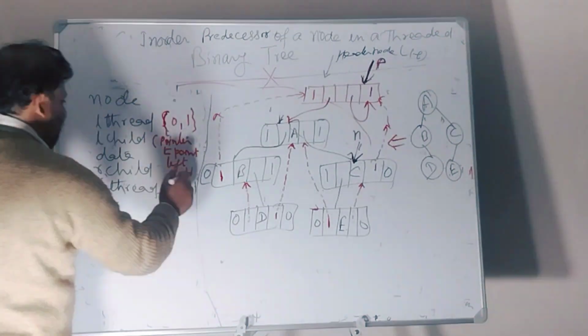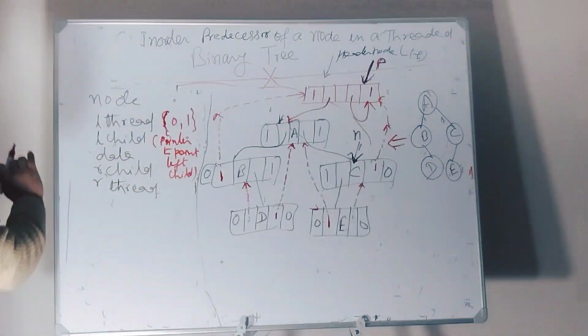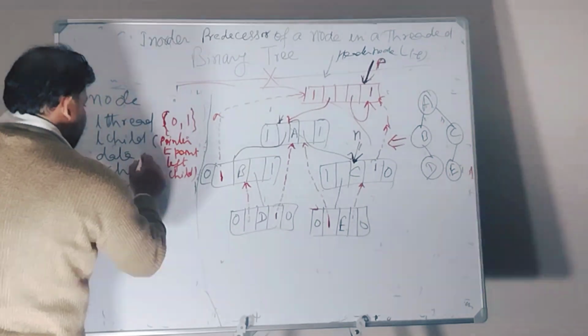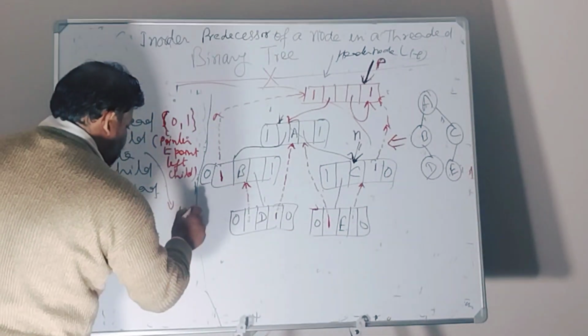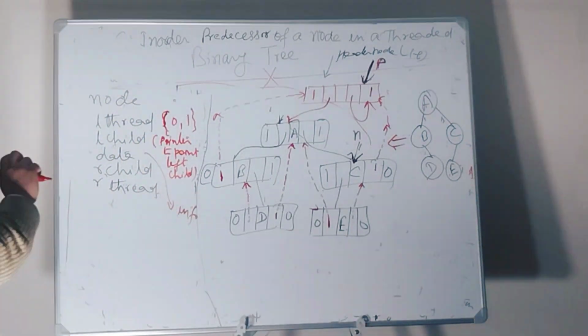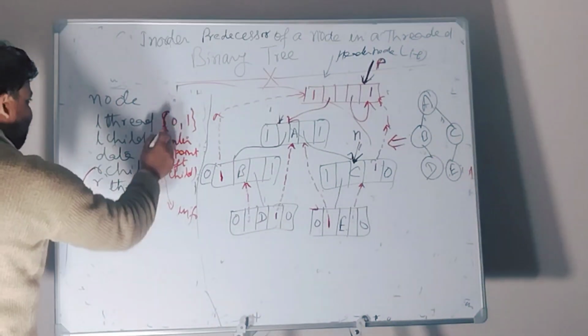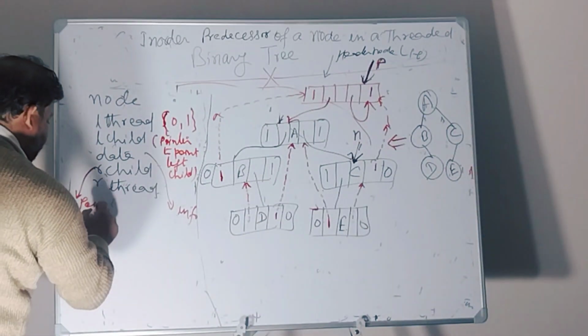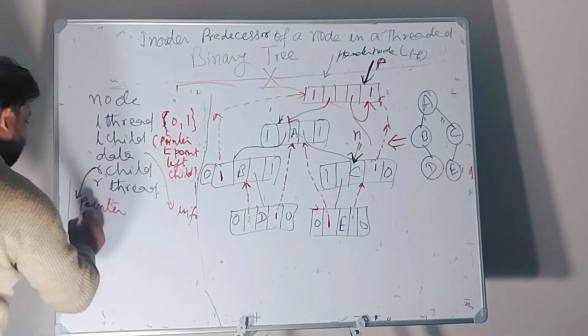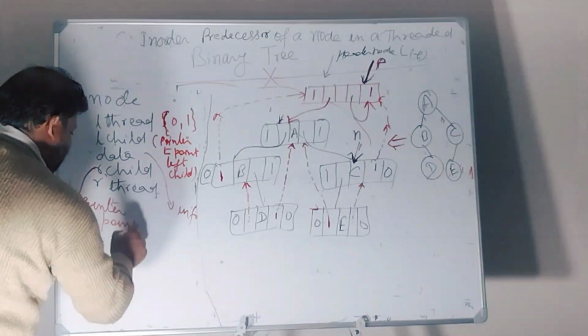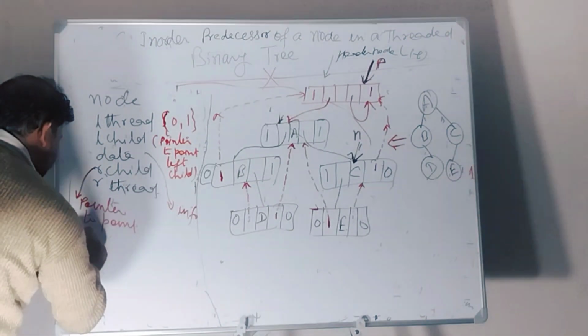Generally L child is going to point to a left child. Data relates to the information that the node holds. Then R child is similar, a pointer to point to the right child.